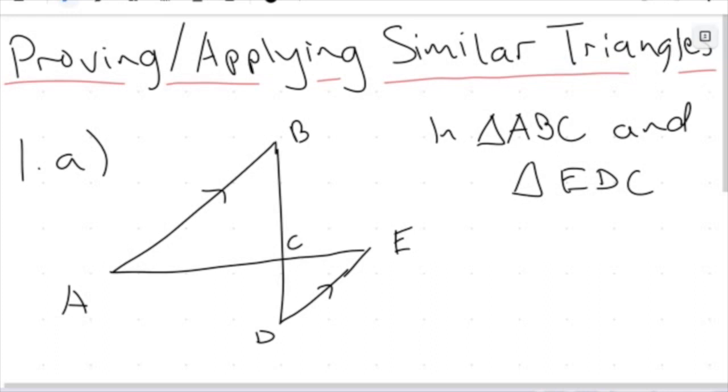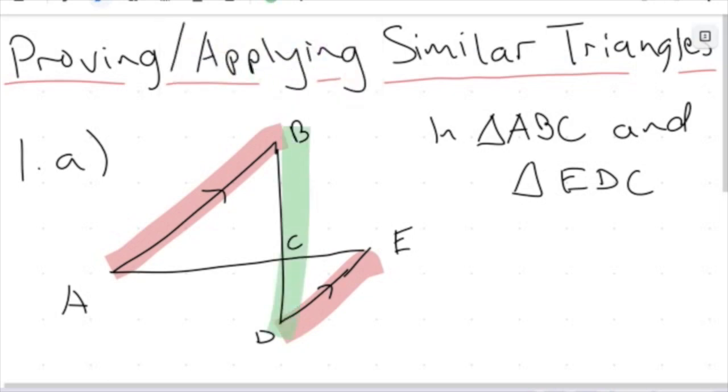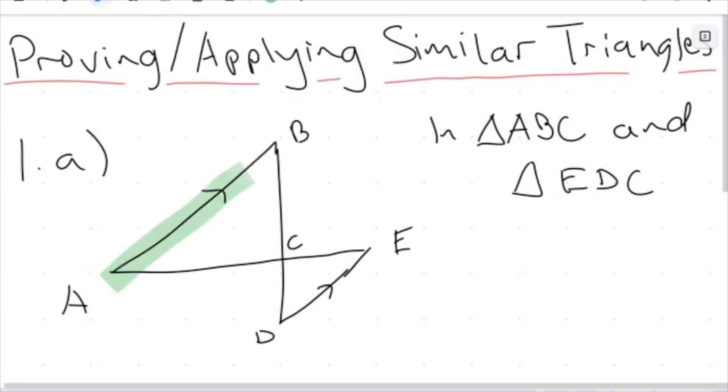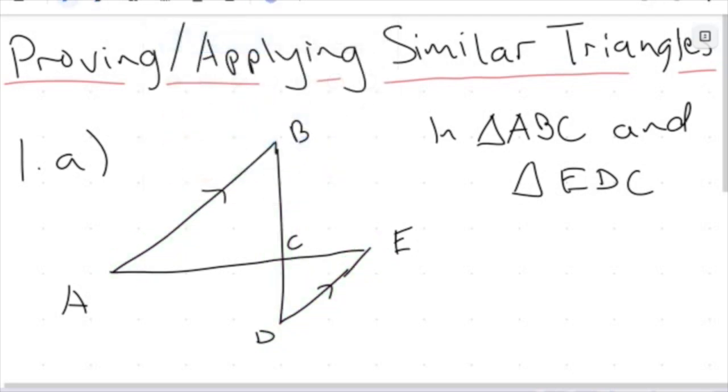Because we have two parallel lines here, and a transversal, another line cutting through those, we get a couple of angle relationships. If we look at the shape of this, from our previous work on angle relationships, these two are going to be equal. These are what we call alternate angles.